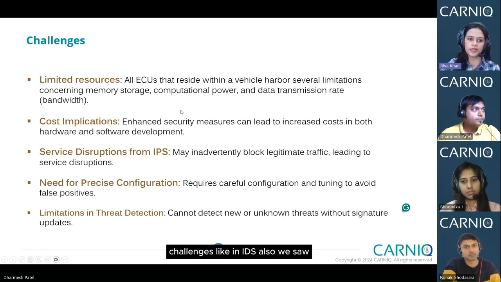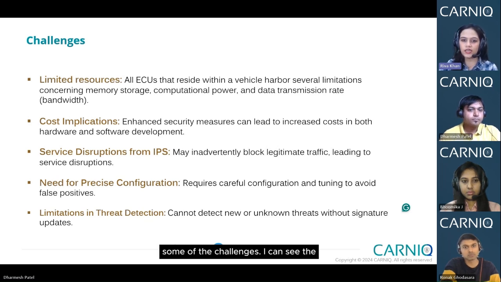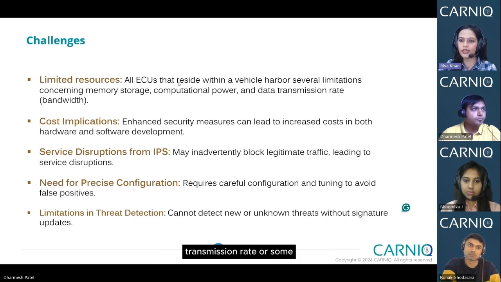Like in IDS, we also saw some challenges while implementing this system in the vehicle, and in IPS also we have some challenges. The first and the second ones are those we have already discussed, like limited resources. As we know, inside an ECU there are restrictions on the storage of data, the data transmission rate, or other things.